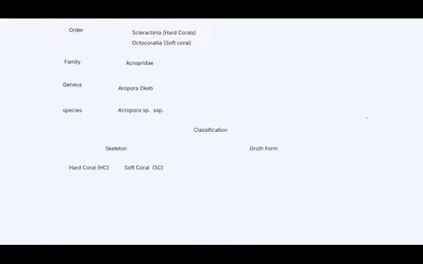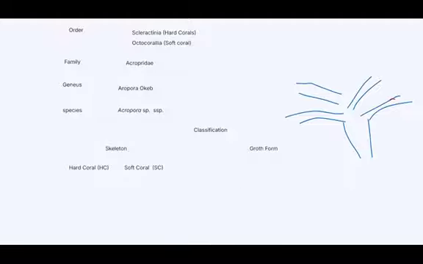Okay, so we have the polyp with tentacles like that. This is a polyp, and this is some organ here. And we have another animal inside this polyp, which is algae. It's called zooxanthellae, which is living inside here. It's a macroscopic animal. Okay, it's called zooxanthellae.